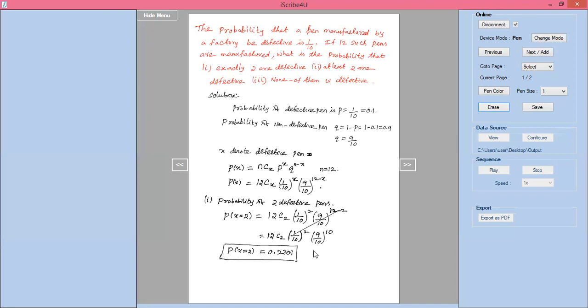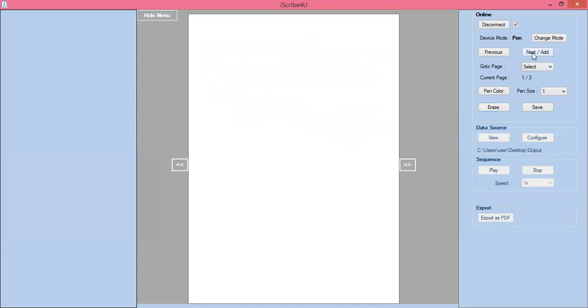Next, probability of at least 2 defective pens. We are going to find the probability of at least 2 defective pens.